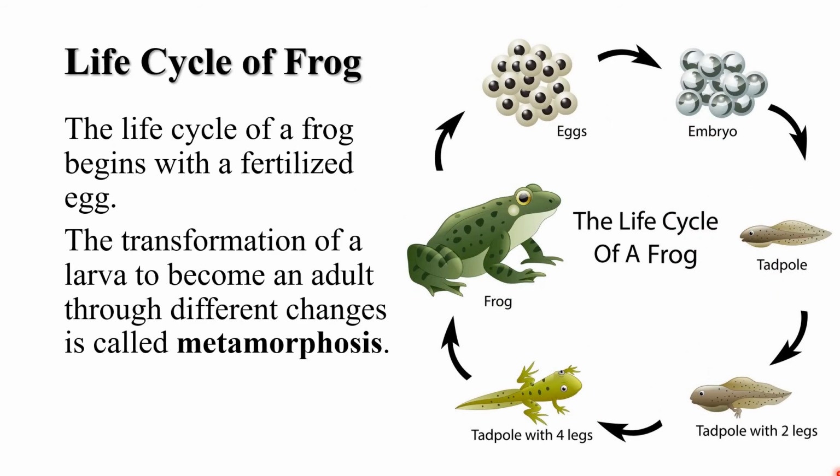Frog is another such example. Now let us understand the life cycle of a frog. Students, the life cycle of a frog begins with a fertilized egg. The tadpoles look different from the adult frog. Such organisms undergo many changes in different stages of their development to become an adult, and the transformation of a larva to become an adult through different changes is called metamorphosis.